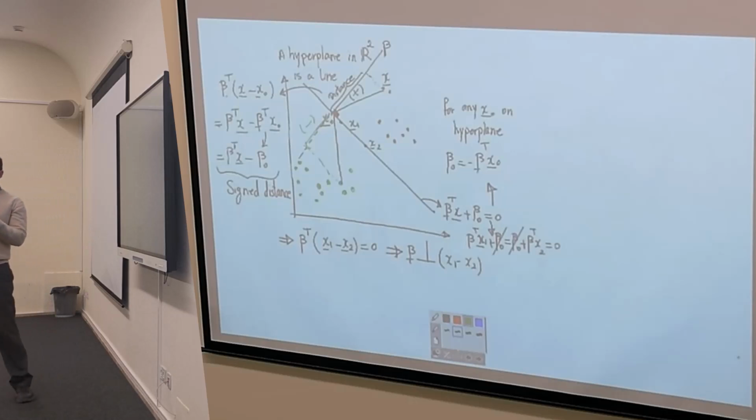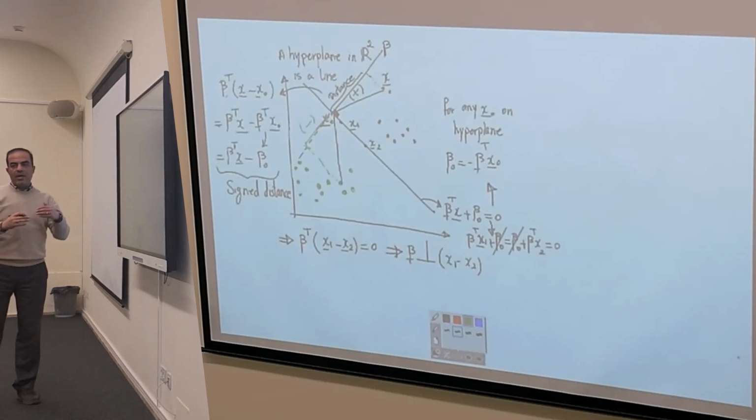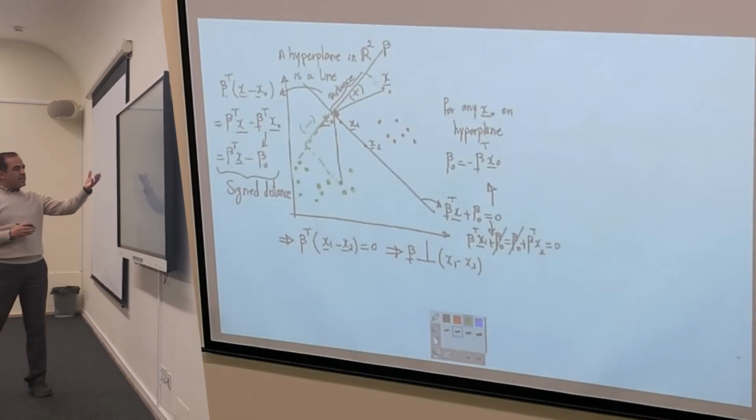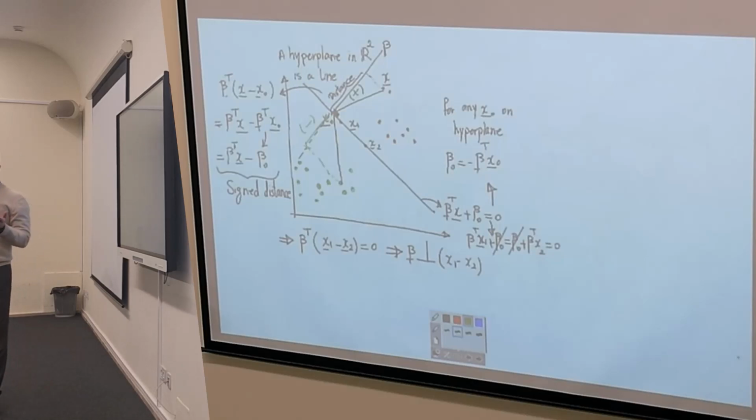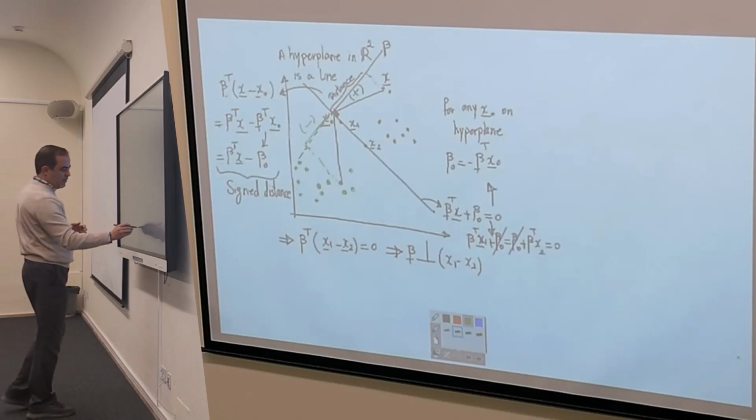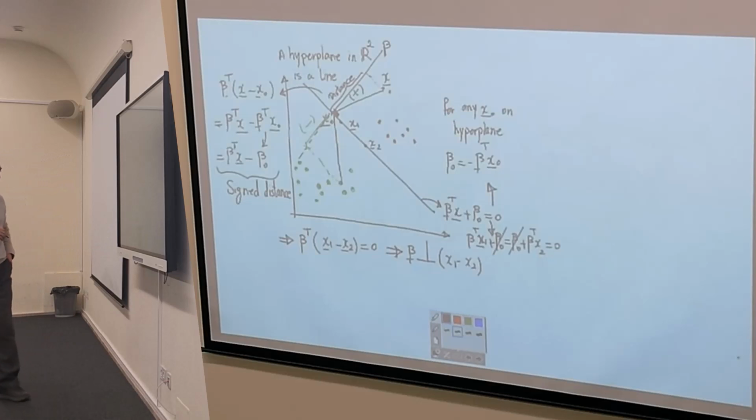So on the one side of this hyperplane, we have the positive values. On the other side, we have the negative values. And the distances that we calculated can be positive or negative as the signed distance. So this is not a real distance. That should be always positive, and we like to have the positive distances.